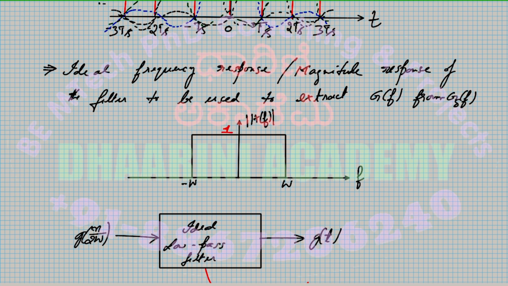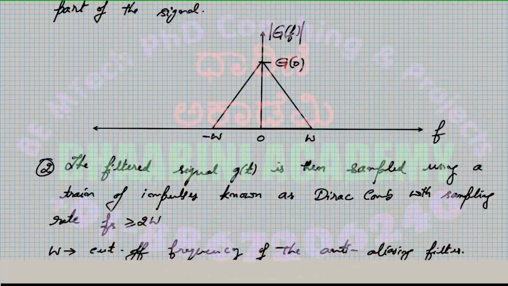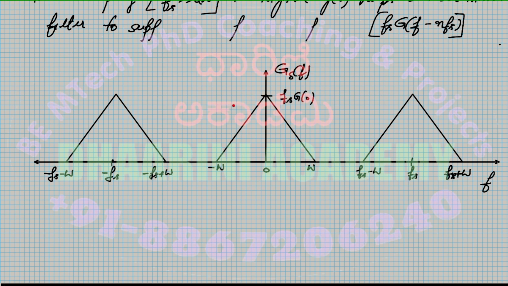But now, because of oversampling, I have some advantages. Let me even write the guard band, sorry, I missed that. So this is the guard band.